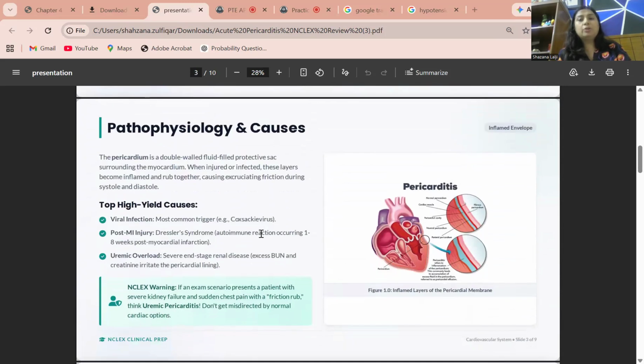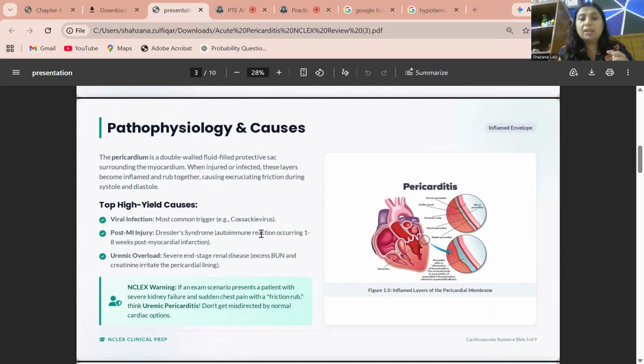Now, what is the pathophysiology of acute pericarditis? As we all know the anatomy of the heart, the pericardium is a double-walled fluid-filled protective sac surrounding the myocardium. But when something happens to our pericardium, like when it gets injured or infected, this layer of pericardium becomes inflamed and rubs together.